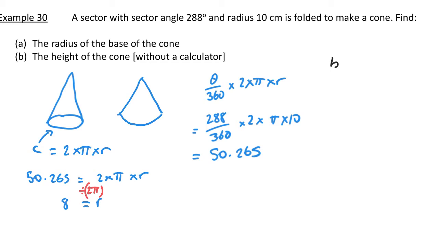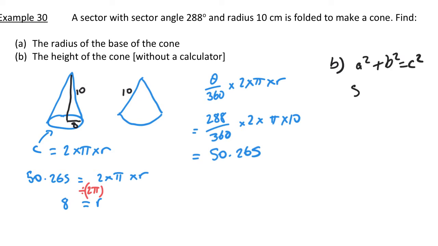Part B, we need to work out the height of the cone. So what we've got is the radius of the sector, which we knew was 10. It's going to be the slant length of the cone. And we've just worked out the radius to be 8. So if we're trying to work out the height of the cone, we use Pythagoras' theorem, so a squared plus b squared equals c squared.